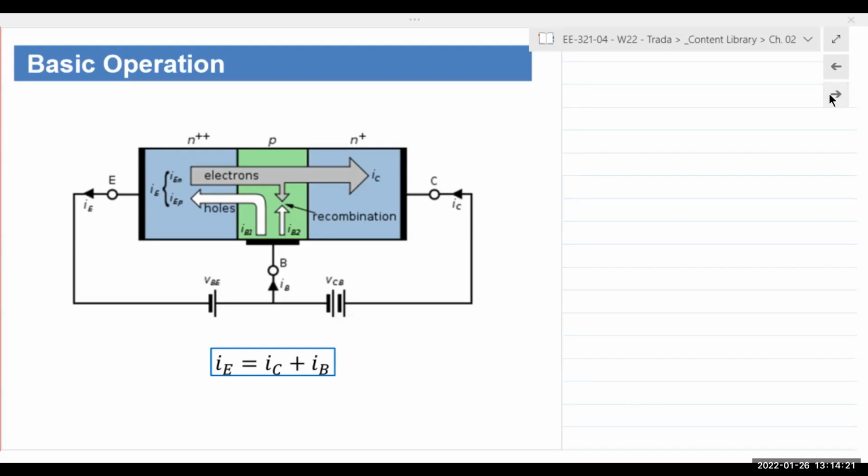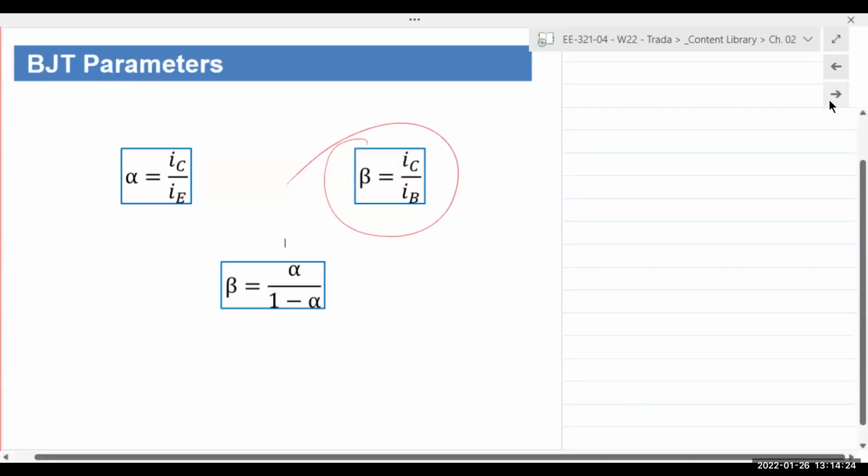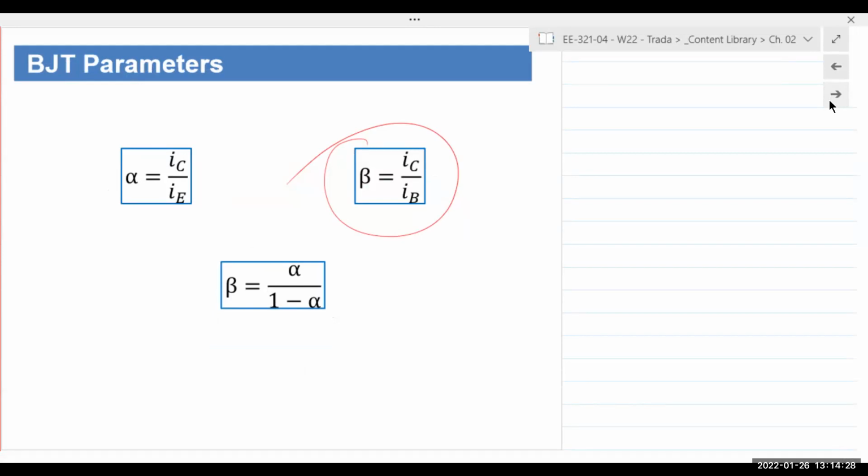The collector current depends on the base current. So the ratio of the collector current to the base current is noted by the quantity beta. The ratio of the collector current to the emitter current is noted by alpha. Emitter current is equal to IC plus IB. IB is typically very, very small, so IC and IE are very close in value.